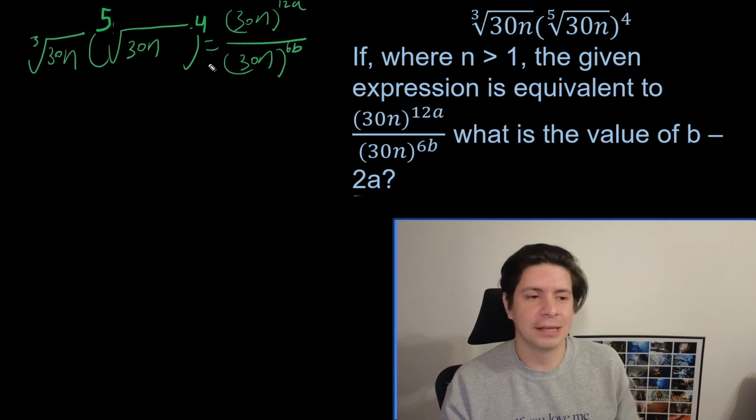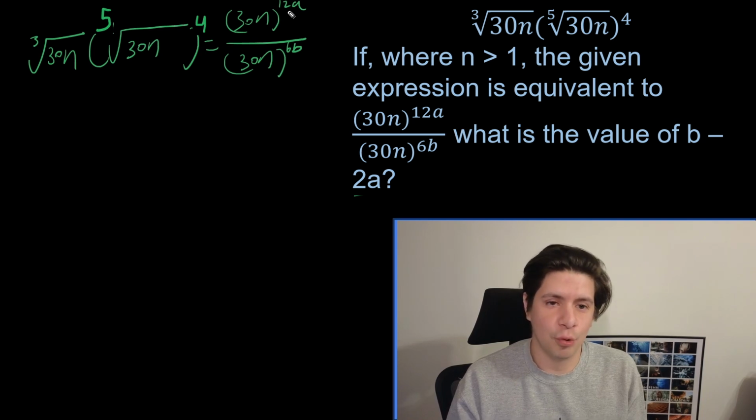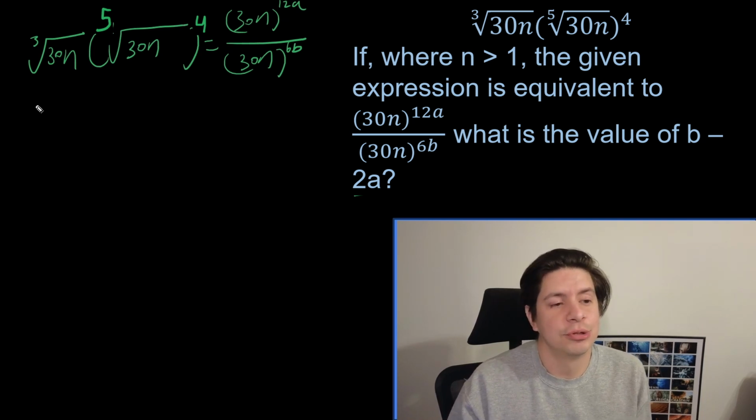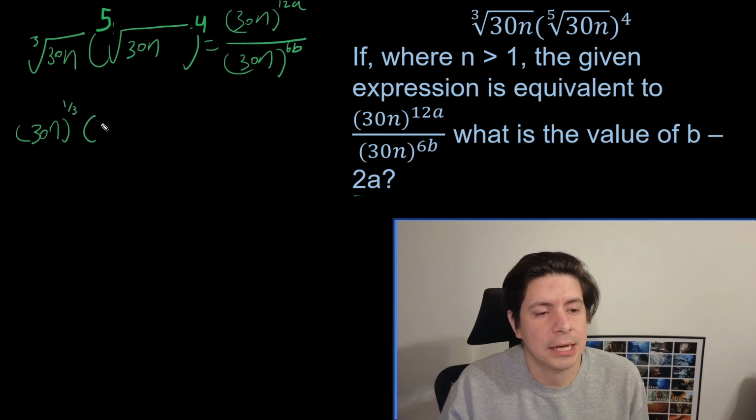Even if we didn't see that, instead of using root symbols, we could use fraction exponents, and that'll make it more like this side. So we're going to get 30n to the 1/3 times 30n to the 4/5.